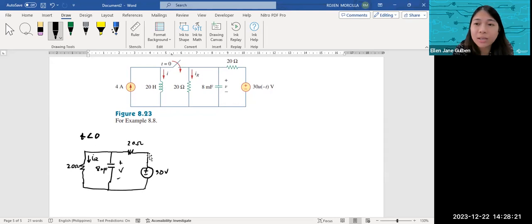We can, but it's not necessary for this kind of problem. So we will just solve for the VO. VO is equal to 30 times 20 over 40, so that would be equal to 15 volts for our VO.